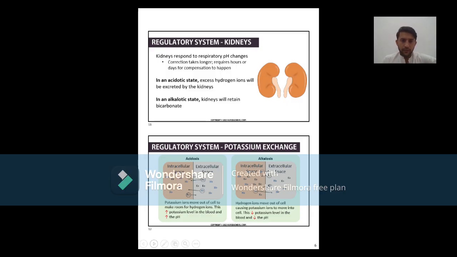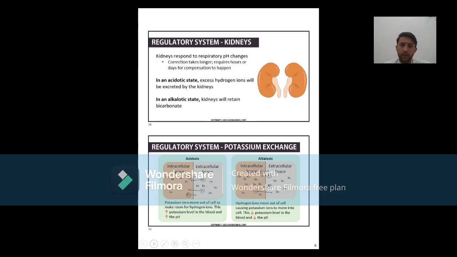If we look at the minute cellular level, normally potassium is present inside the cells and hydrogen ion is present outside of the cells, in what we call the extracellular space. When the body is in an acidic condition, potassium ion moves out of the cells and makes room for the hydrogen ions.